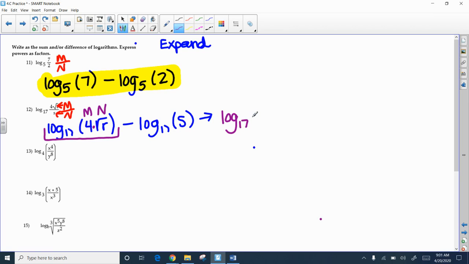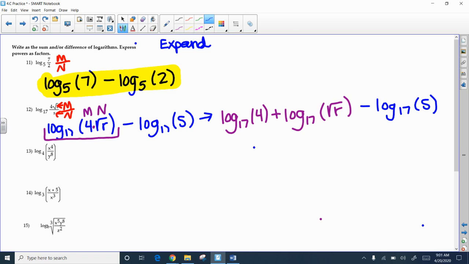So log base 17 of 4 plus log base 17 of square root of r. Now, I still have this minus log base 17 of s.